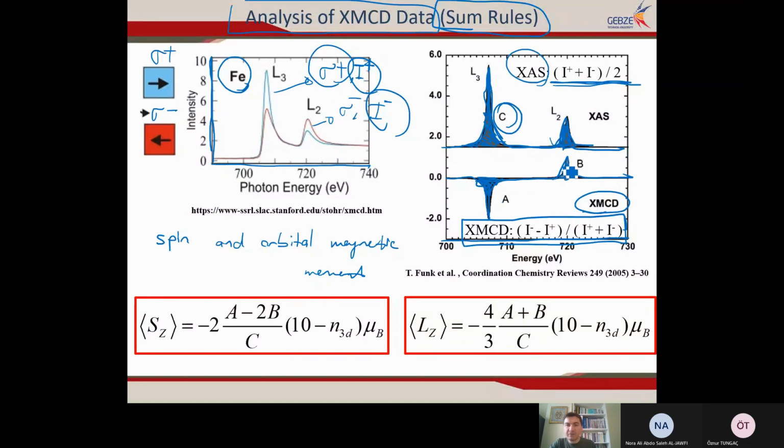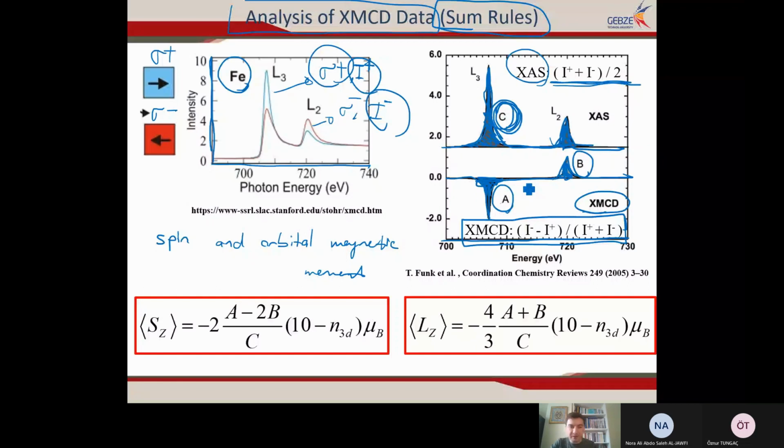So here we have two areas. One is A, the other one is B, and we have another area which is coming from the XAS, named C. By using these A, B, C areas, you can calculate the spin and orbital magnetic moments.